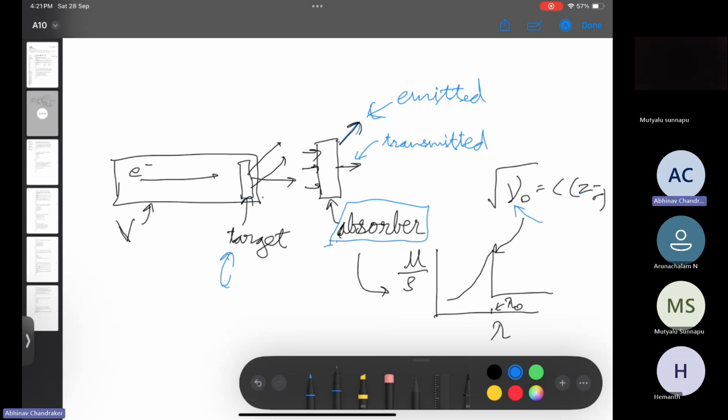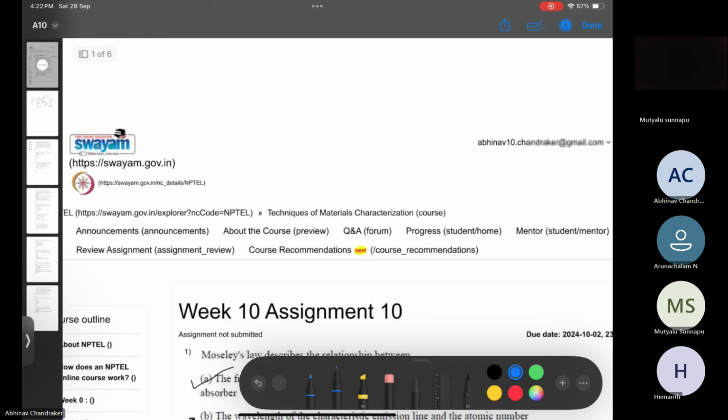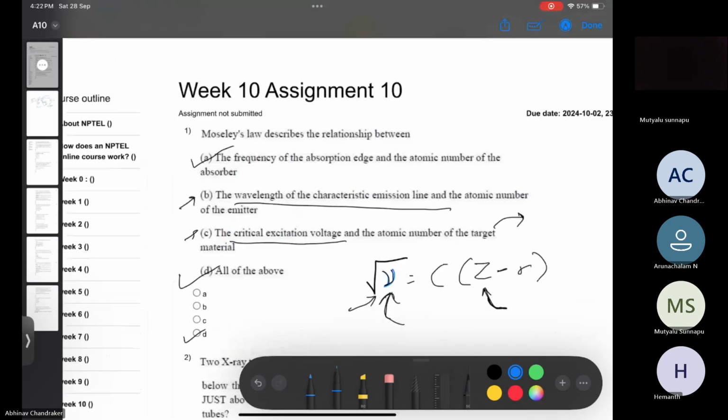That is, the energy of the electrons should be enough to knock out the inner electrons so that characteristic X-rays can get emitted. And this will be related to actually the Z value of the target material. So in a sense, the energy of X-ray getting emitted will depend on the Z value of the target material and the energy of the electrons impinging. But I think the most correct answer is A. So I think we can go with A instead of all of the above.